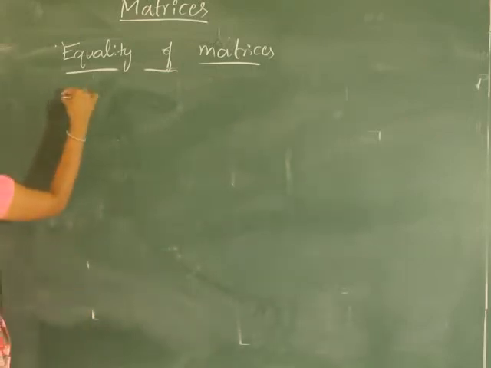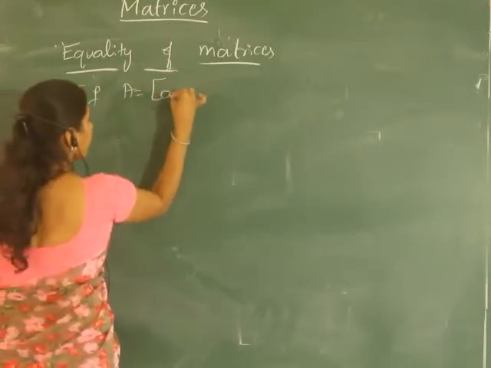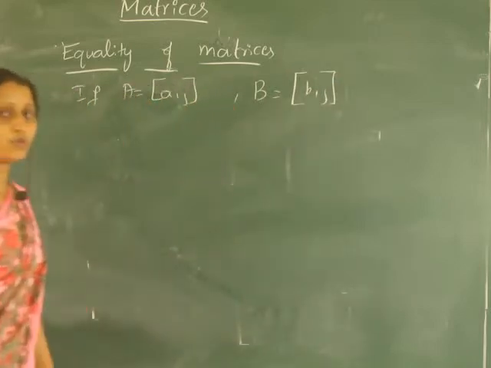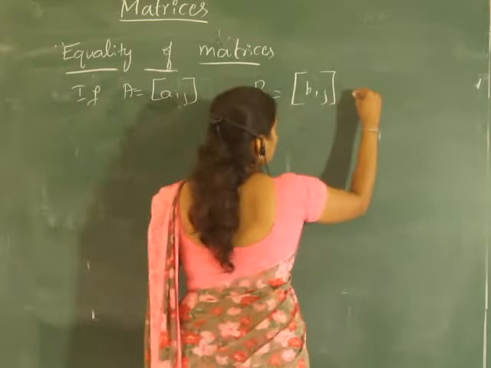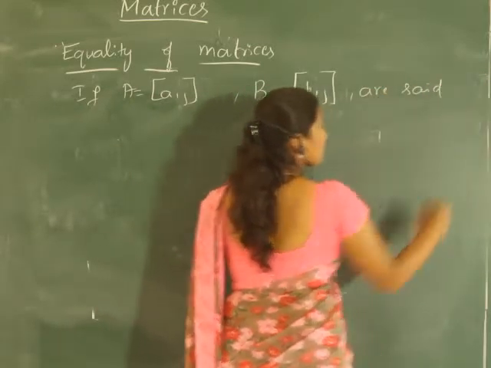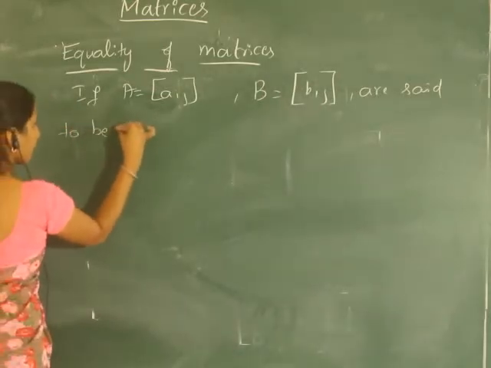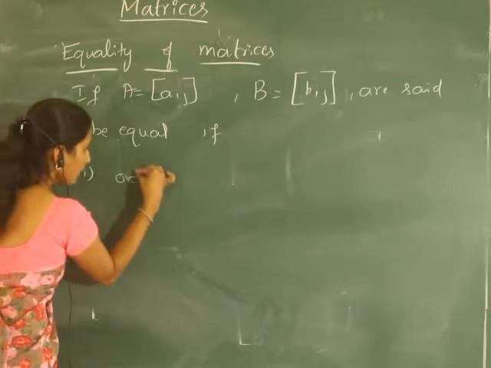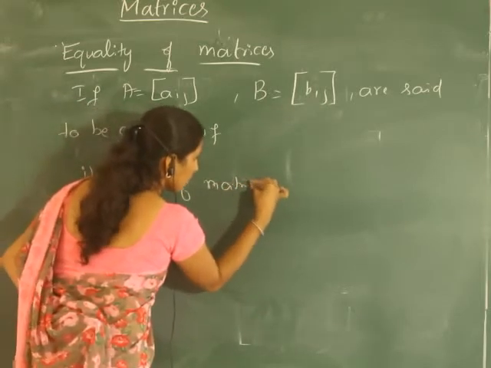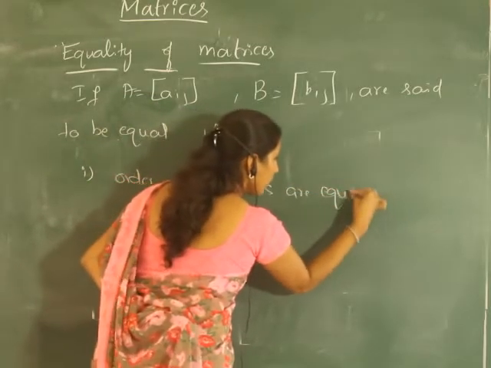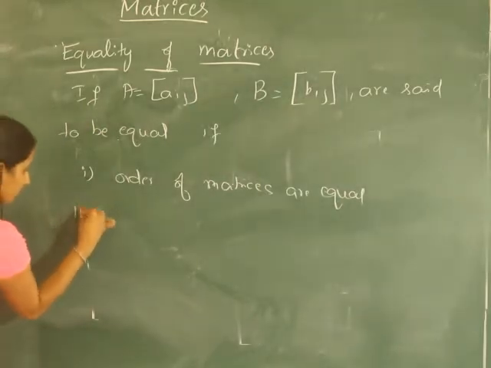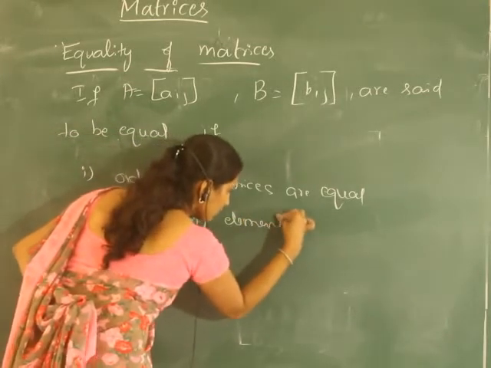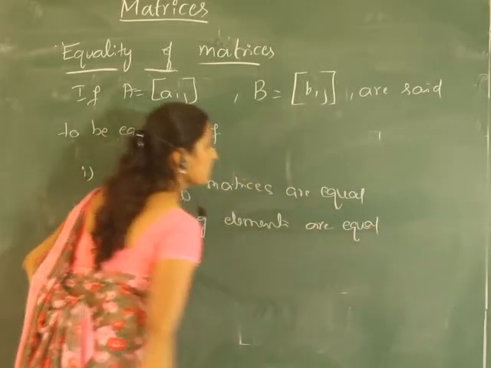If A is equal to Aij and B is equal to Bij are two matrices, they are said to be equal if, first condition, the order of the matrices is equal, and second, the corresponding elements are equal.